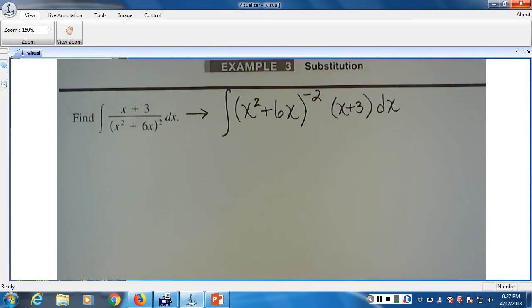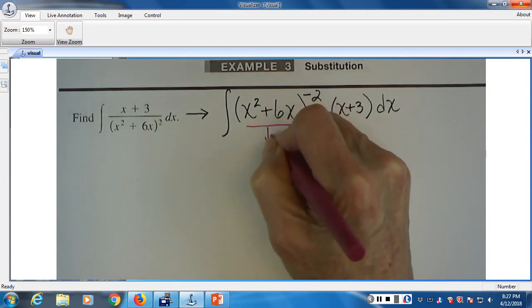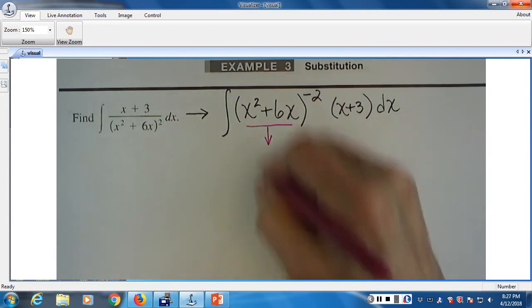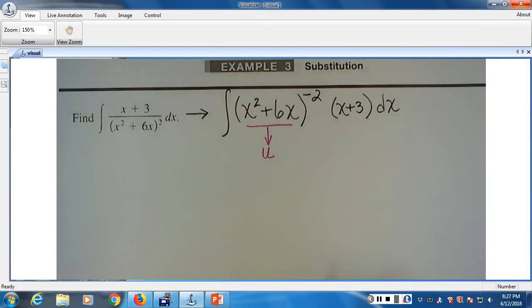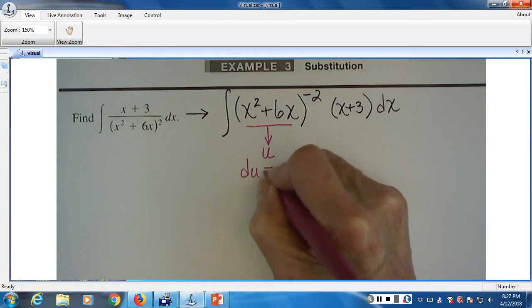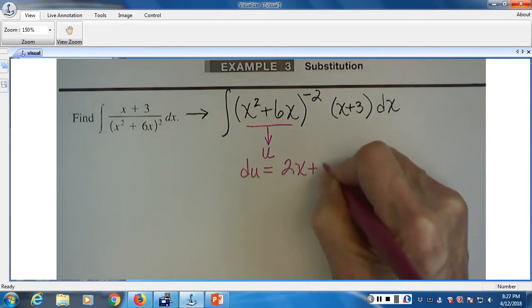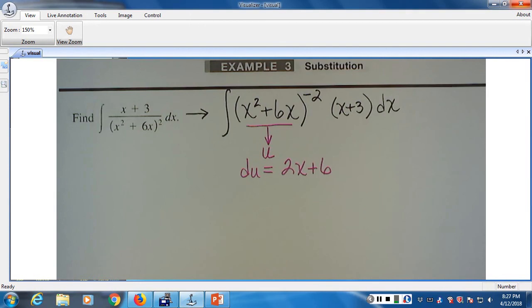And since u is usually the thing that's got the power around it, then we're thinking probably this is u. So then the question becomes, what is du? And du is 2x plus 6.